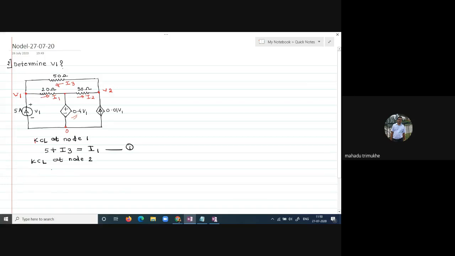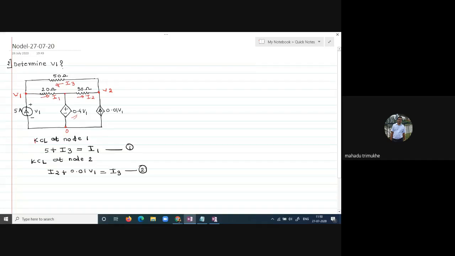That is I2 plus, again incoming current at node V2 is 0.01 V1, is equal to I3. That is equation number 2.